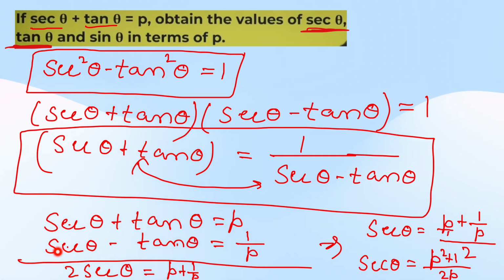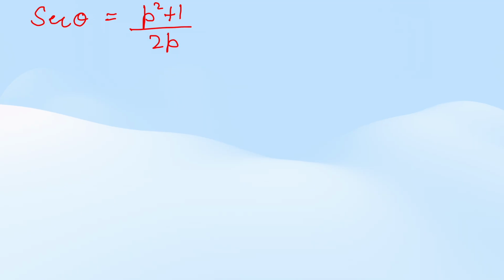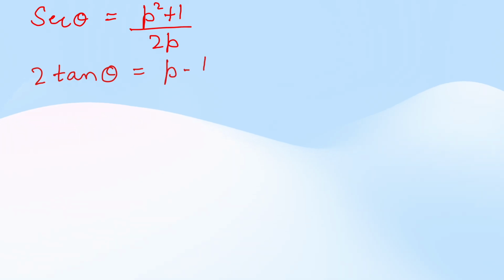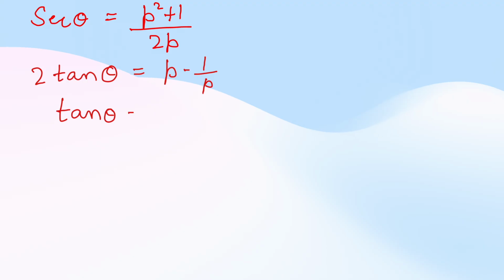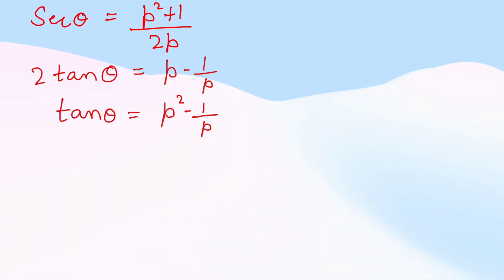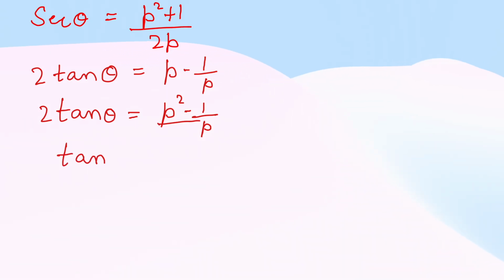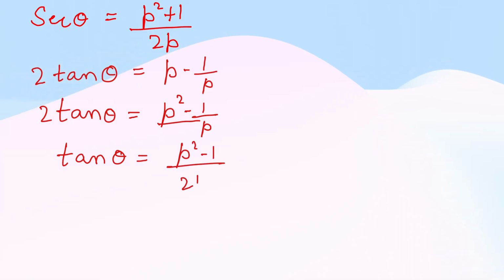Sec theta will cancel out on subtraction, and this will become 2 tan theta is equal to p minus 1 by p. So tan theta will be equal to p square minus 1 by p into 2. So tan theta will be equal to p square minus 1 by 2p.